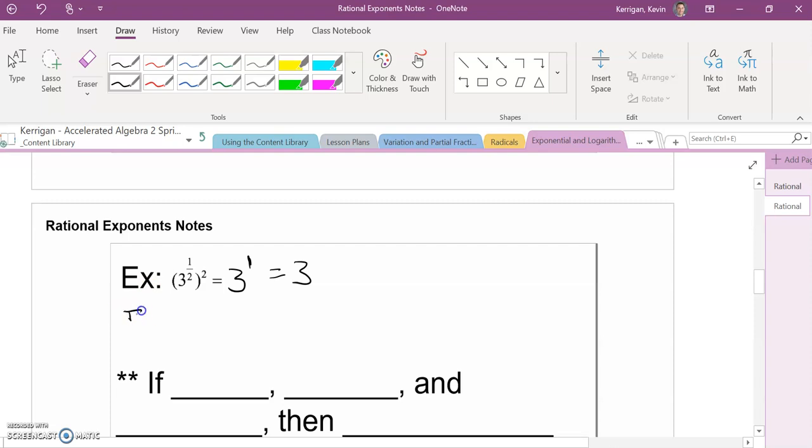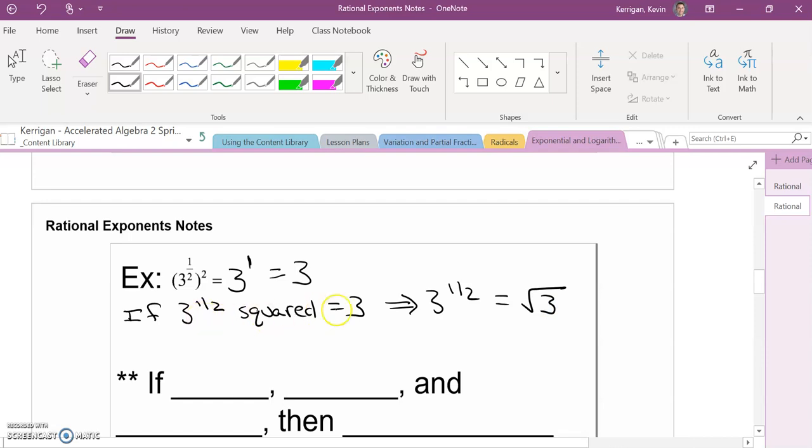So now, normally in class, I would have you go through and come up with this for me, but basically what I would ask is, if 3 to the 1/2 squared equals 3, we can then deduce from that that 3 to the 1/2 must equal the square root of 3.